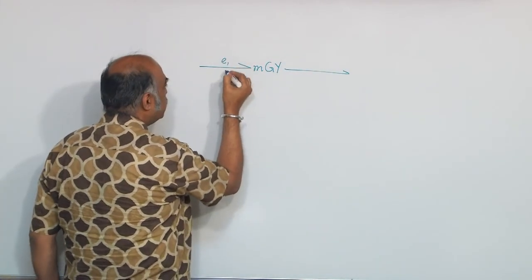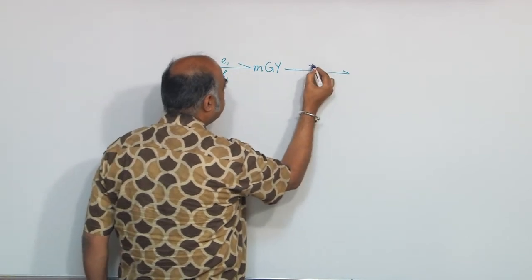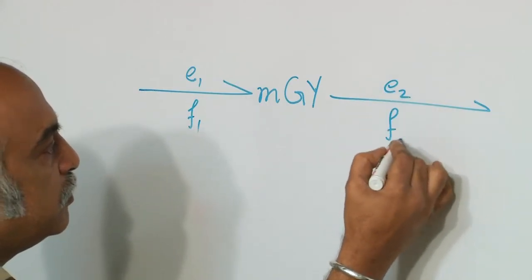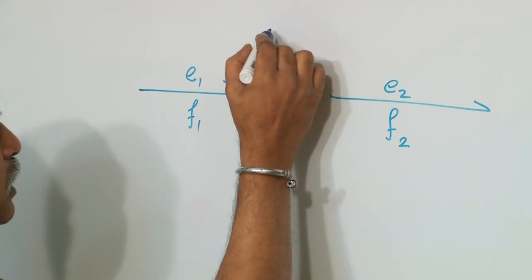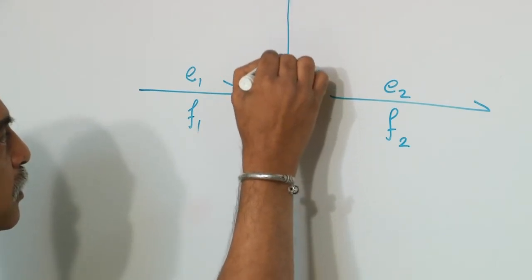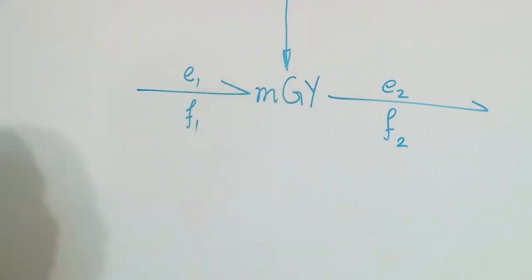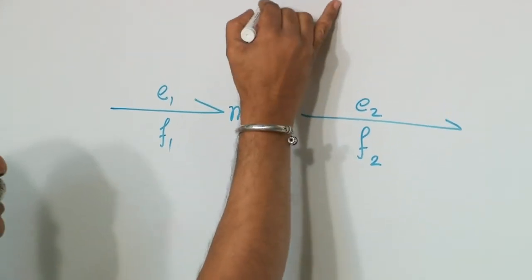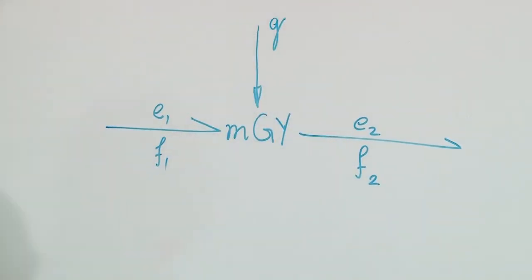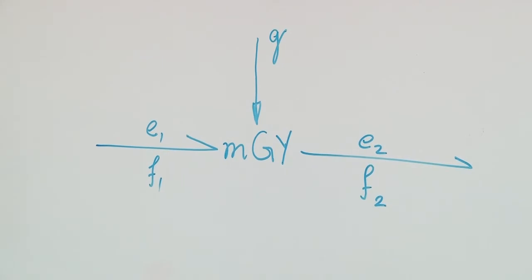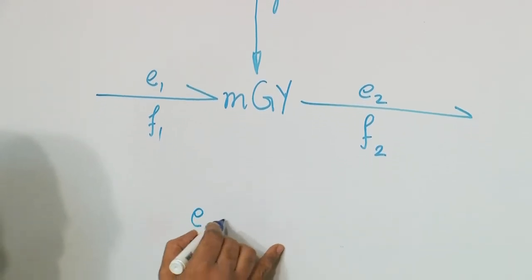So, if you are having E1, F1, E2, F2 and a varying one, let us say instead of K I will call it G. G is a varying function. So, your relationships will still remain the same.